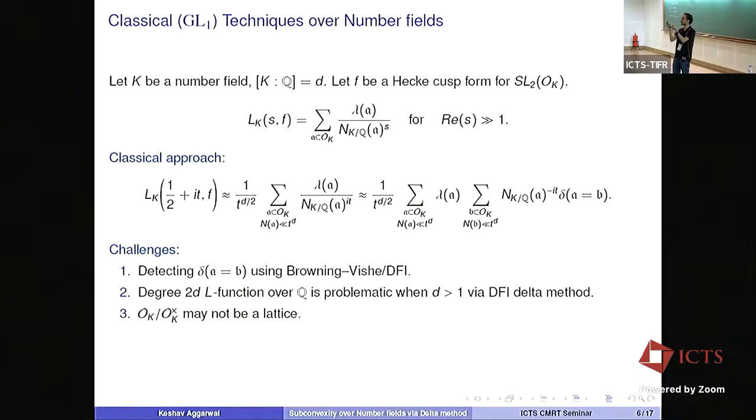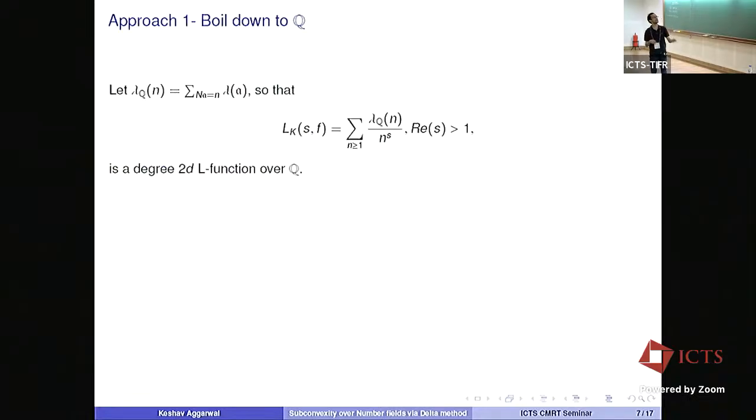And you can do a one-to-one correspondence as long as you take that particular ideal and you mod it out by the group of units. The problem is that the ideals sit inside, or an integral ideal sits inside the ring of integers very nicely. It's a lattice, but as soon as you mod it out by the group of units, it's not a lattice anymore. If, for example, it's a totally real number field, which is not the rational numbers. So these were some of the things that we had to deal with.